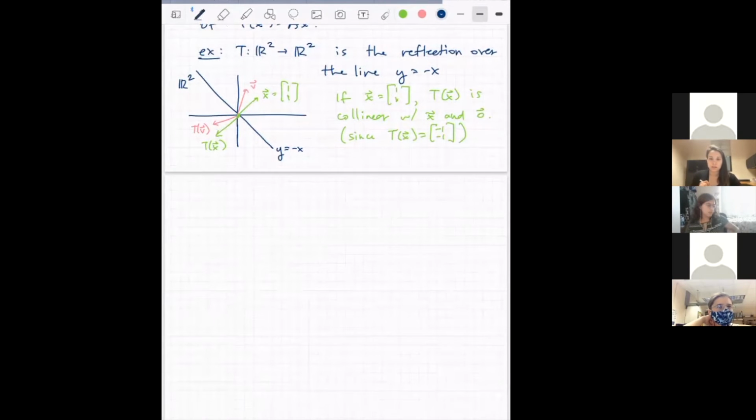Okay, so notice that this x, which is 1, 1, turns into -1, -1. So x is going to be an eigenvector with eigenvalue -1.